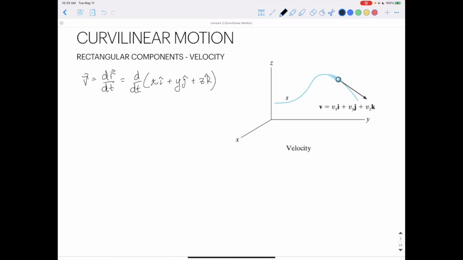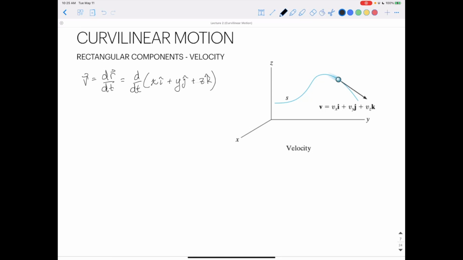Since we have taken a fixed reference frame, the unit vectors are constant. They're constant in magnitude, they're always going to have a magnitude of 1. And they're constant in direction because our reference frame isn't moving. Just the particle is moving with respect to our fixed x, y, z.